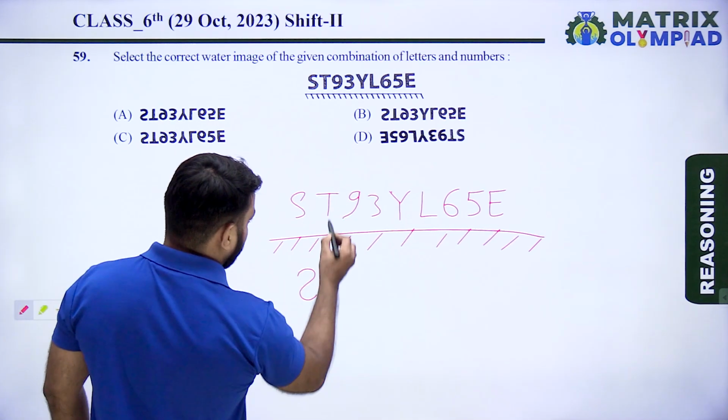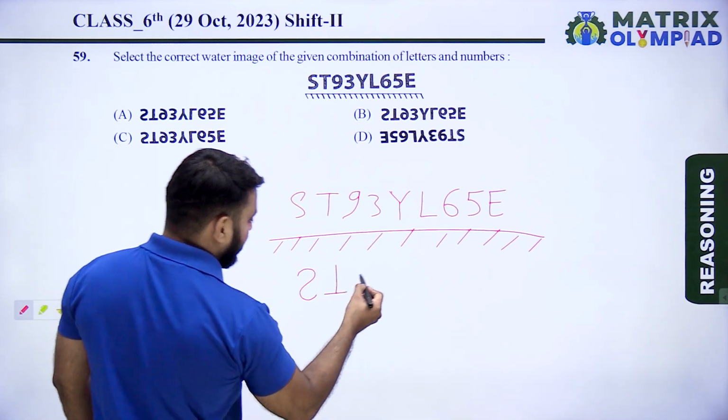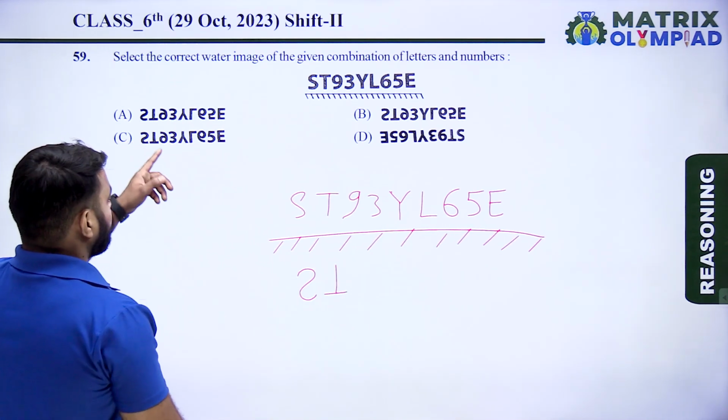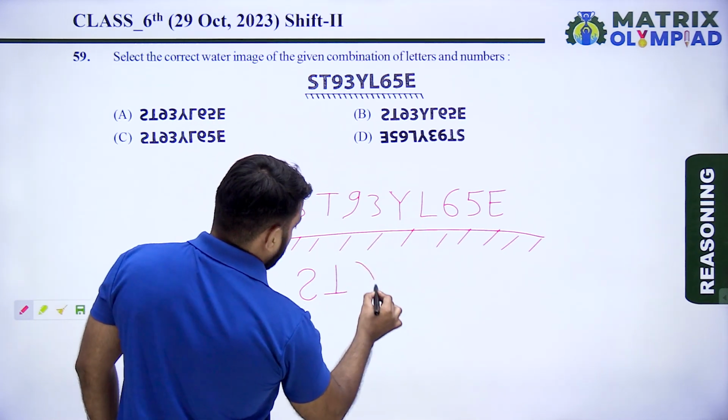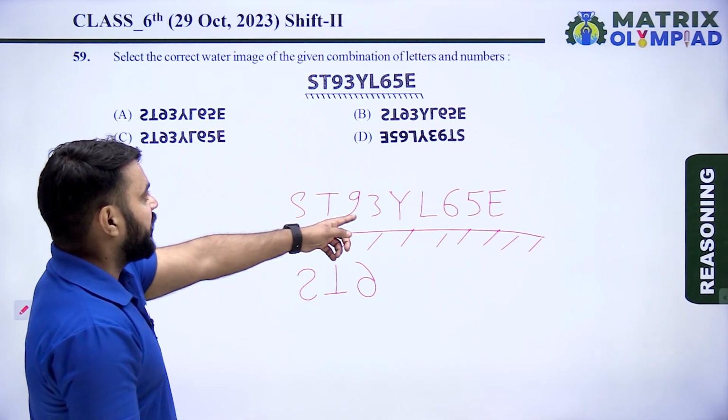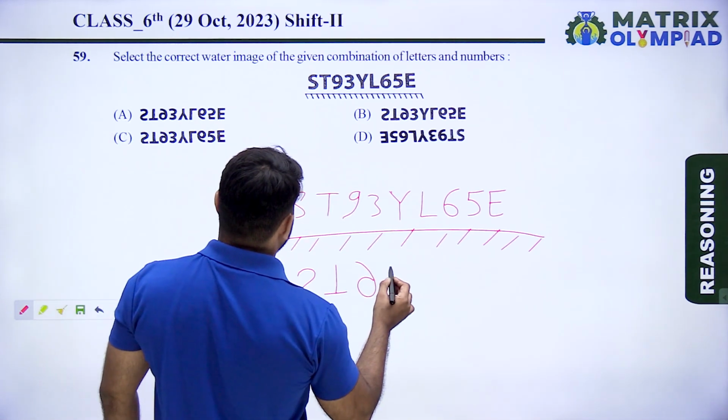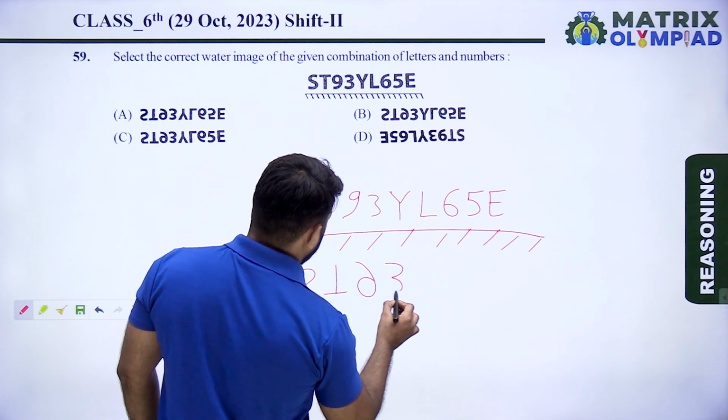Now find the water image of T. So the water image of T looks like as follows. Now find the water image of 9. So the water image of 9 looks like this. Now find the water image of 3. So the water image of 3 looks like as follows.